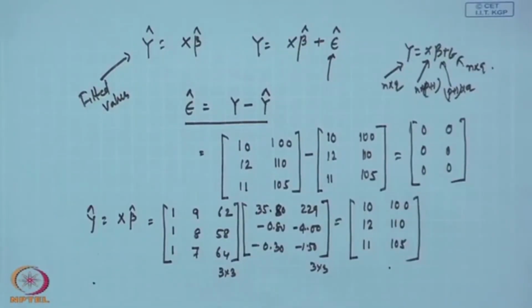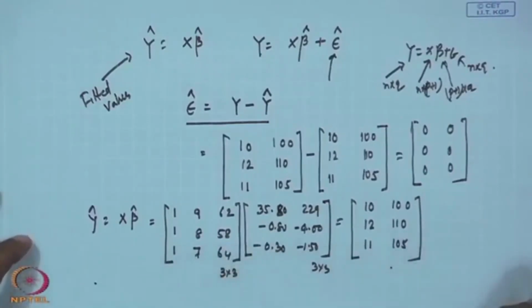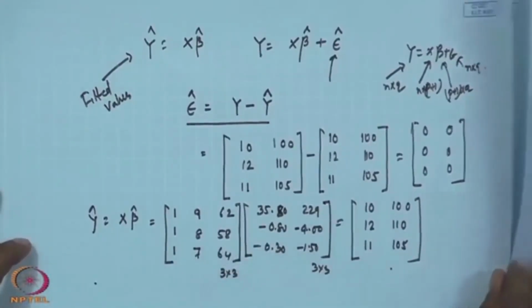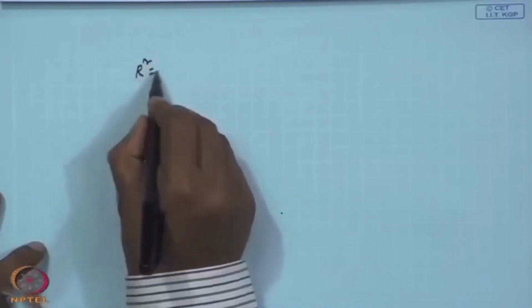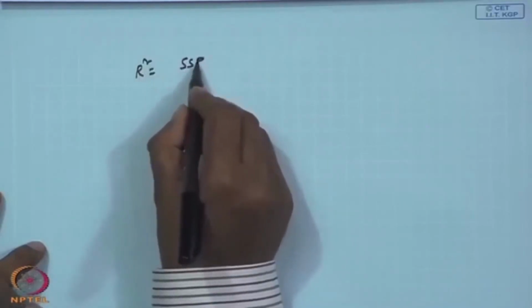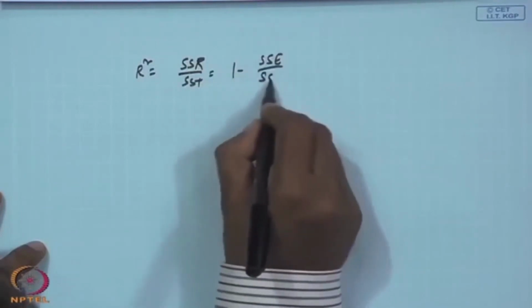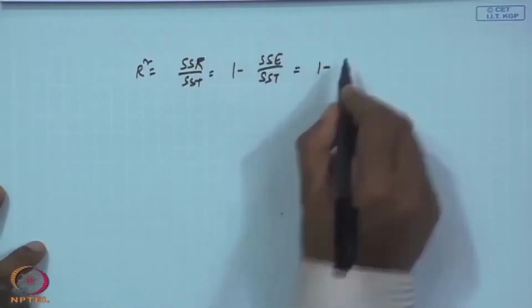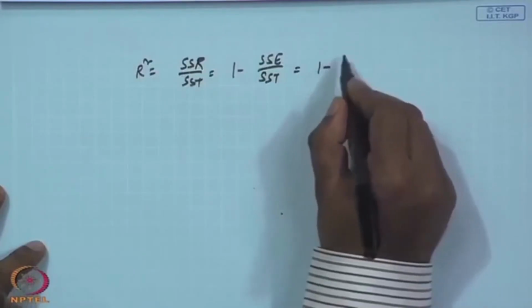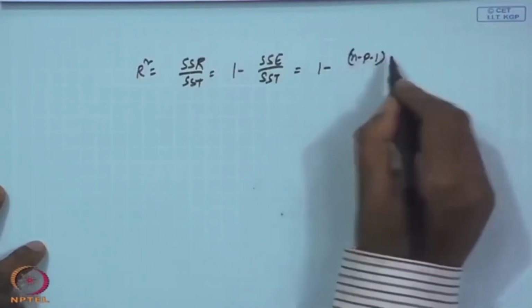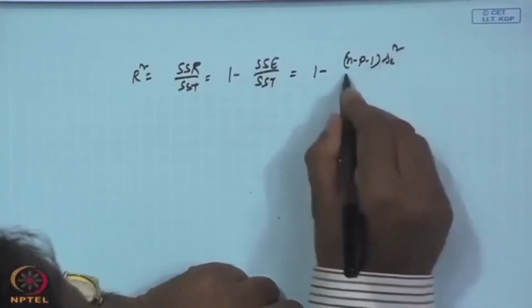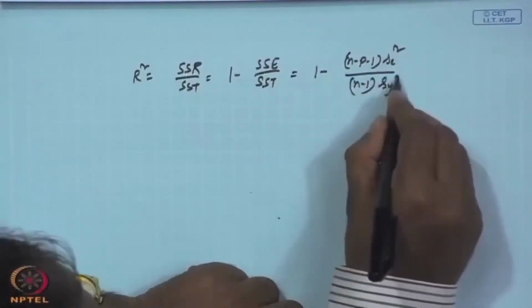Why is this happening? This is happening because if you recall the multiple regression case, we have seen that R square equals SSR by SST, and then we wrote 1 minus SSE by SST, then 1 minus n minus p minus 1 into SE square by n minus 1 into SY square.